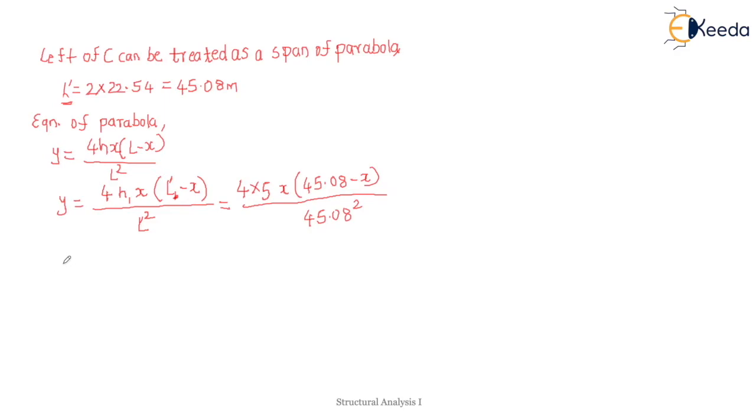As per our question, we need to find the radial shear thrust at x equal to 15 meter from the left side. When you substitute 15 in this equation, we get y equal to 4.44 meter.